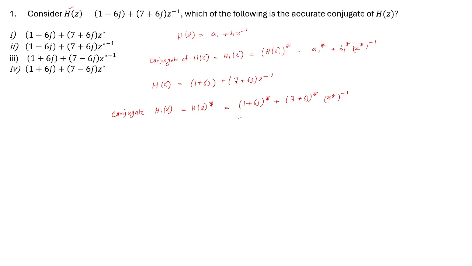That's it, nothing more. So 1 plus 6j's complex conjugate is 1 minus 6j. The real part remains the same, of course. You just change the sign of the imaginary part. That's what a complex conjugate is.